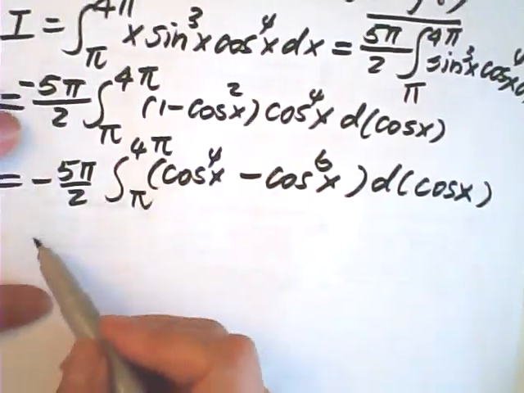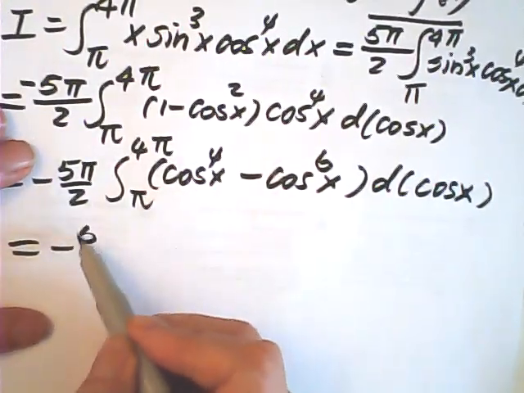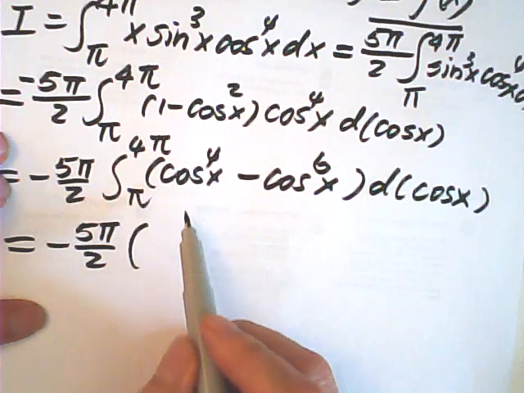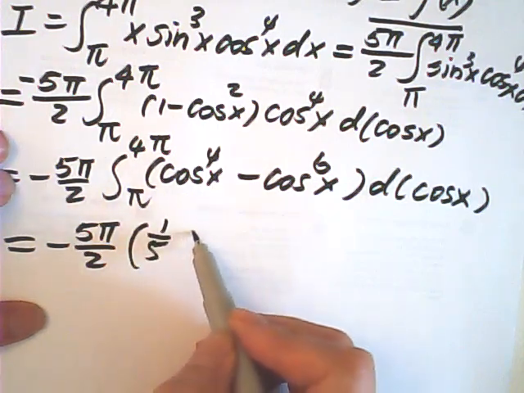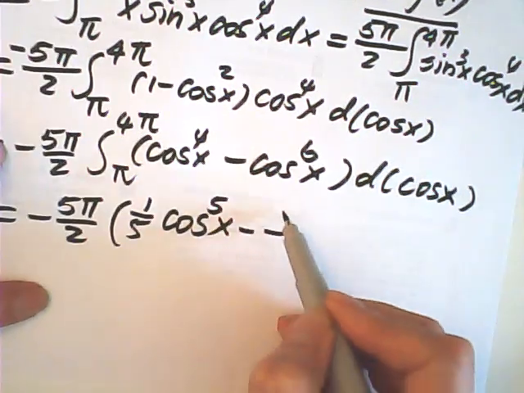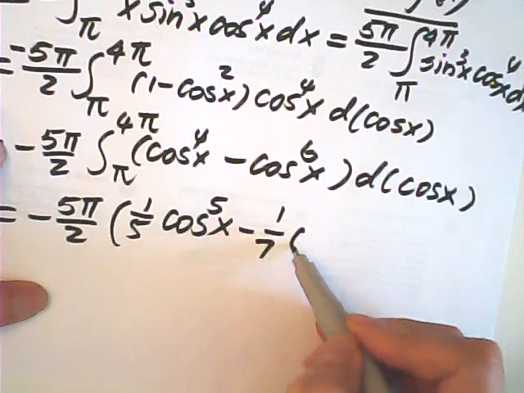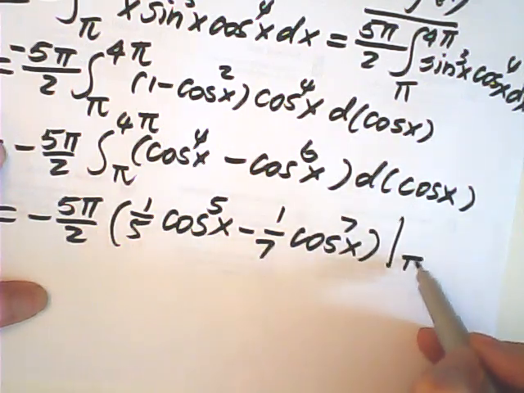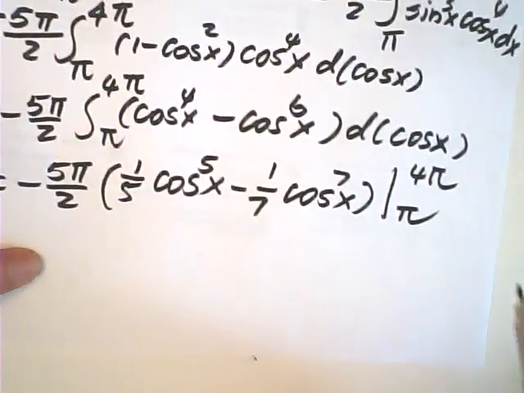Wow, that is very easy. This integral is 1 over 5 cosine 5x minus 1 over 7 cosine 7x, from pi to 4 pi.